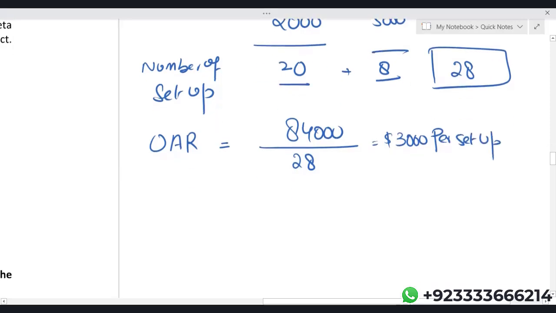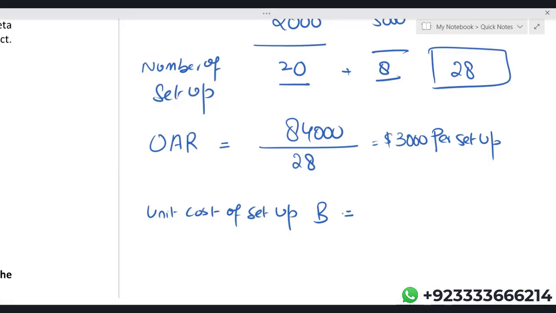Now, the unit cost of setup for product B. So how much setup cost per unit will product B have to bear?